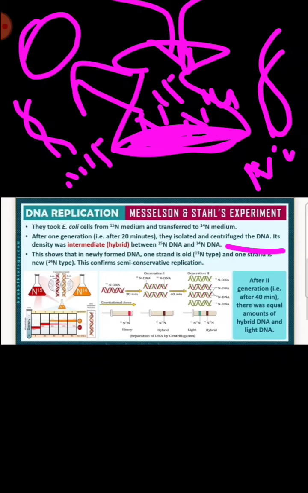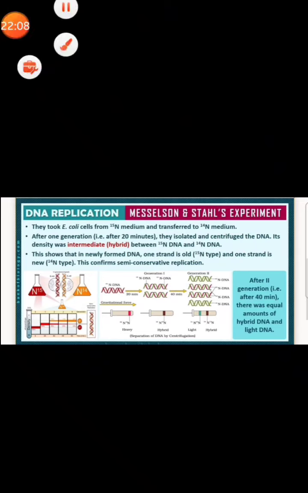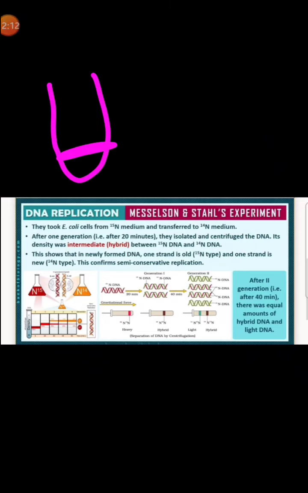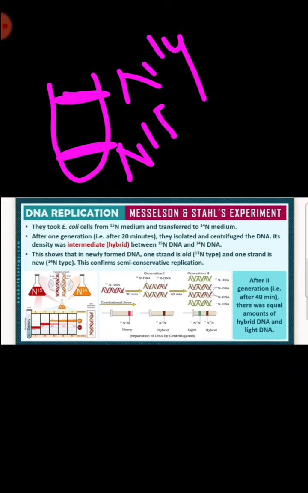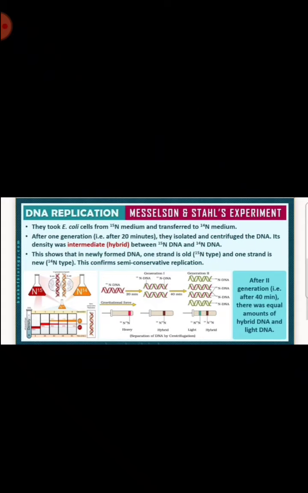So the density was intermediate. What they observed was that N15 should settle here because it is heavy, and N14 should settle here because it is lighter. But what they observed was that it is neither heavier nor lighter, it is here in between, intermediate or hybrid, between N15 DNA and N14 DNA.